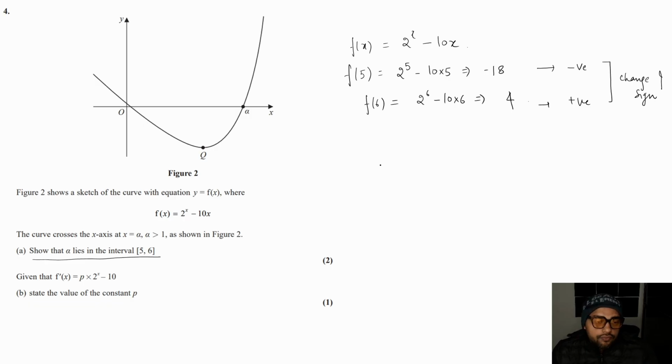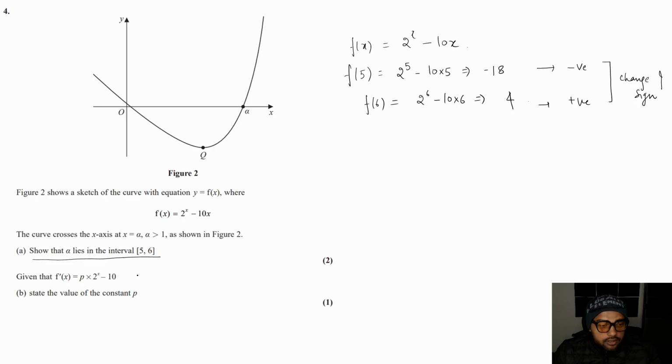Okay, so we know that if there is a change of sign, the function is continuous and alpha will definitely lie in the given interval. So we will write it directly that here the sign is changing, so alpha will definitely lie in this particular interval.